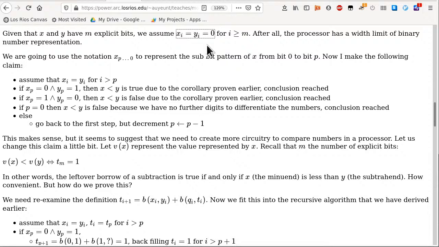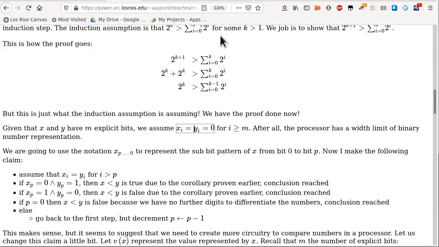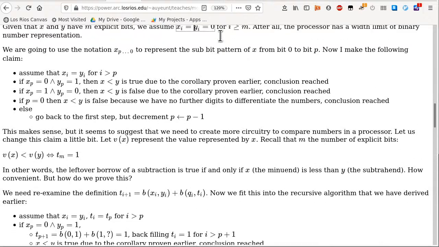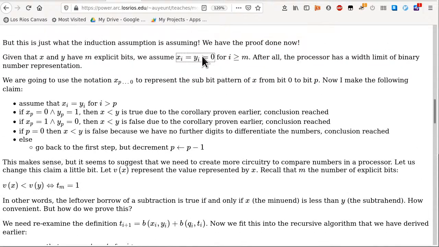Somebody pointed this out and asked, did I mean to say i is less than m? The answer is no. I did mean that i is greater than or equal to m. So if you plug in this portion into the value represented by an unsigned 8-bit number, all this is saying is I'm not going to deal with all the implicit zeros to the left of the bit pattern. That's all it's saying. Is that okay?